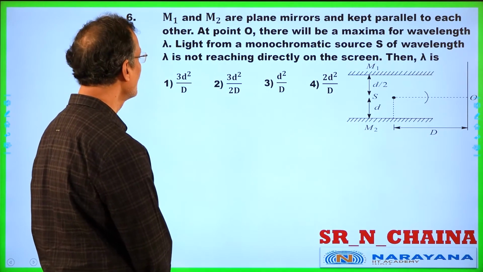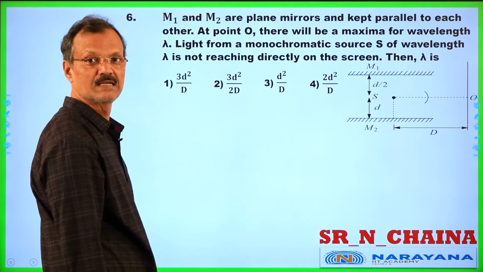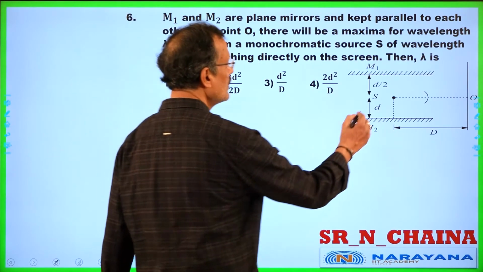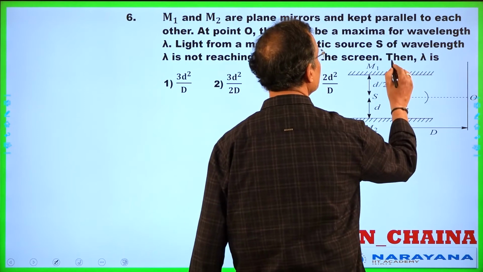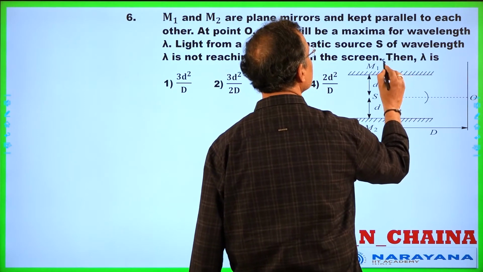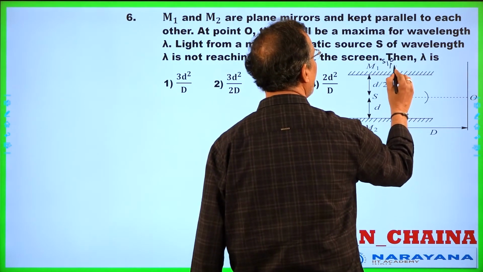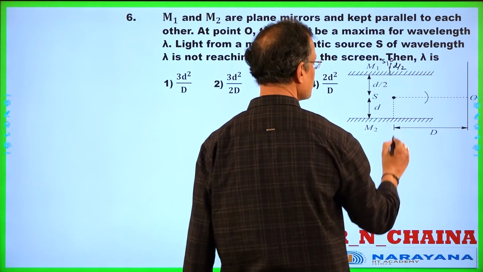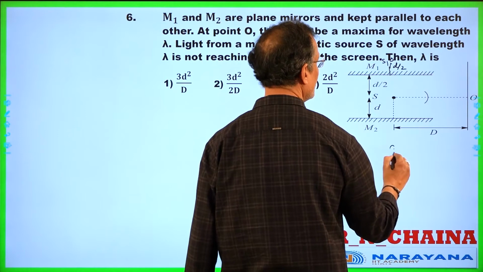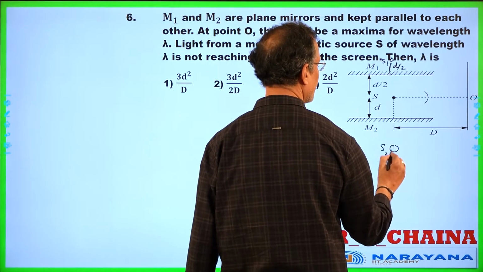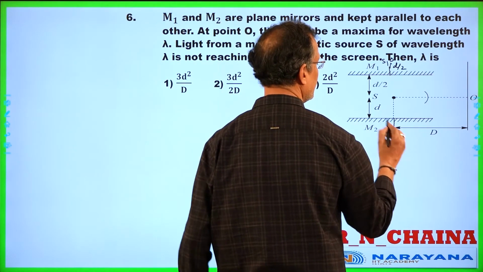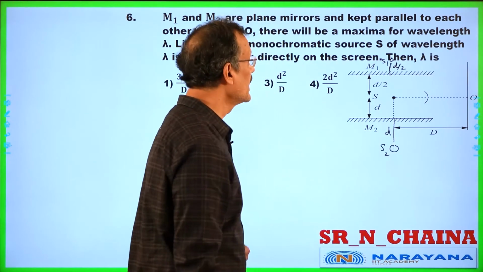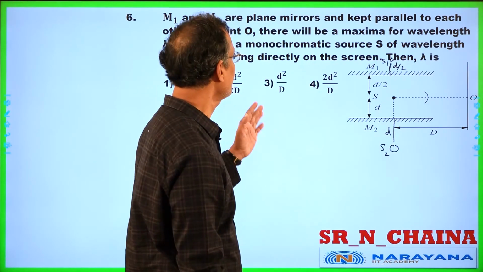You have to go for coherent sources. So this is d by 2. This side you will get S1 at a distance d by 2 from here. This distance is d. You will get S2 here at a distance d. Clear?